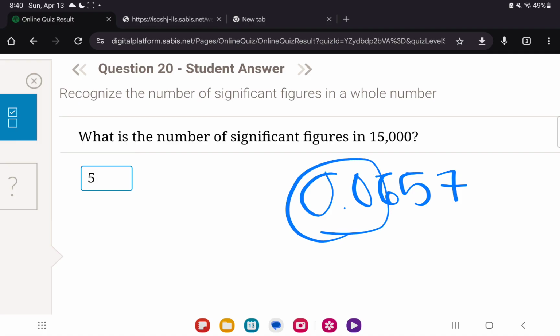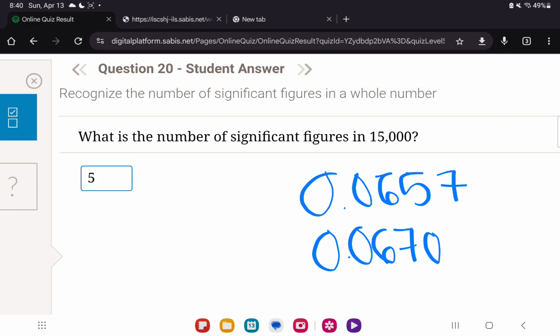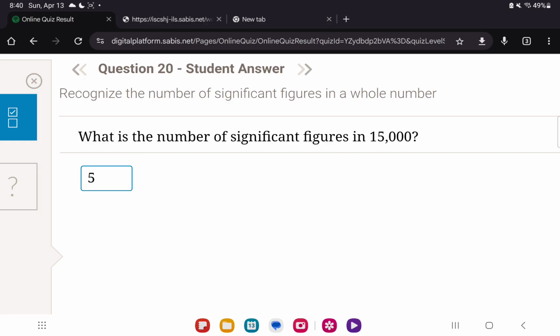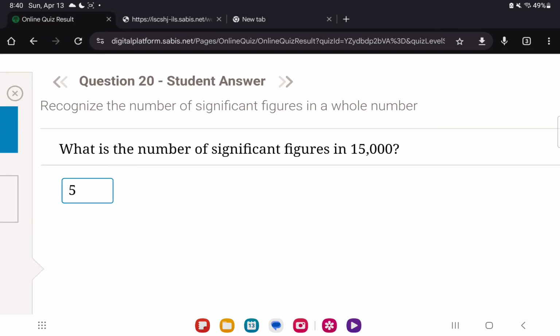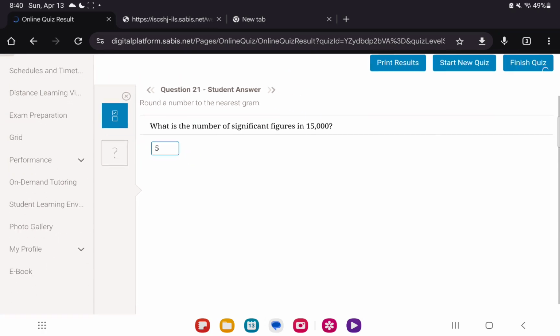So these are not significant figures. Whenever we start a number, that's when it's a significant figure. But if it's like 0.0670, this 0 on the right counts, okay? Now, 1, 2, 3, 4, 5. And that's the number of significant figures because the zeros are on the left and they're not on the right. That's literally it.